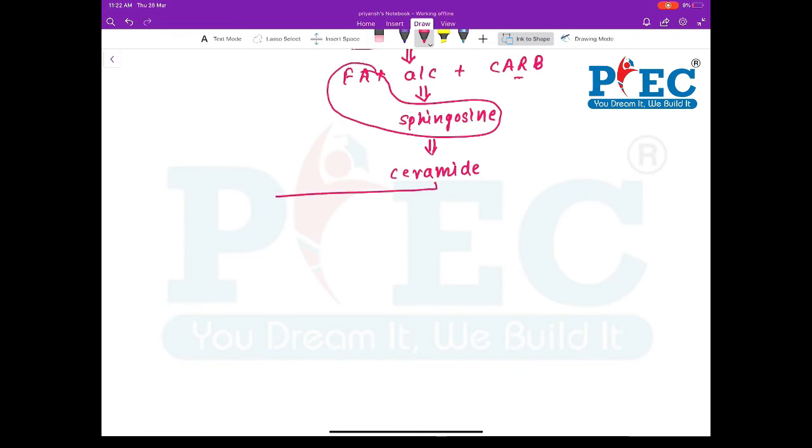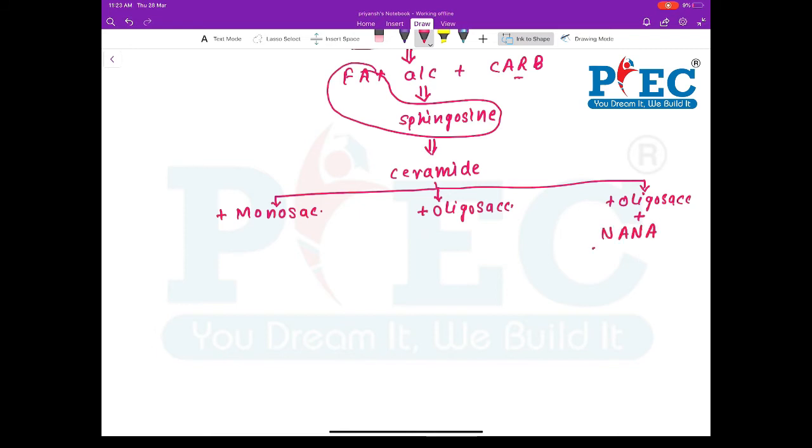Now we have different categories of carbohydrate. I can add monosaccharide as my carbohydrate, or I can add oligosaccharide, or we can add oligosaccharide with an additional molecule called NANA.